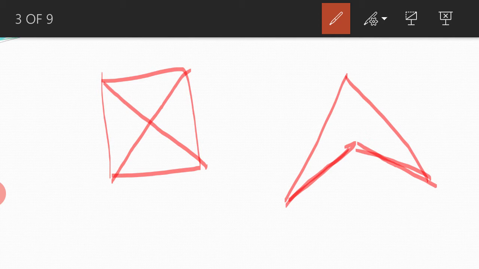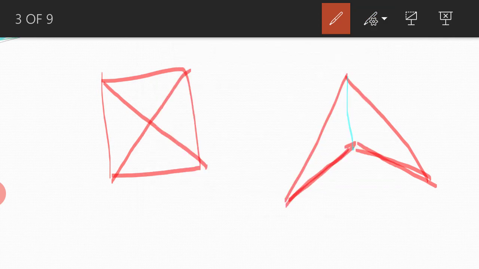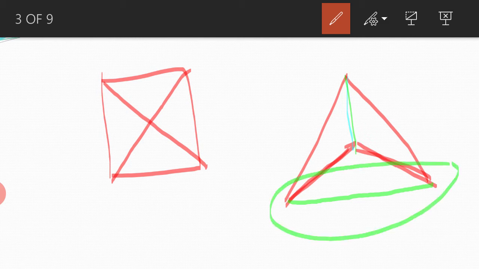Coming to this particular quadrilateral, now I'll use another colored pencil. This is one diagonal. And how will you draw the other diagonal? Which are the non-adjacent points? You will find these two are the non-adjacent points. So in the second figure, one diagonal is inside and another is in the exterior, that is outside the figure. So that is another criteria to distinguish convex and concave polygons.